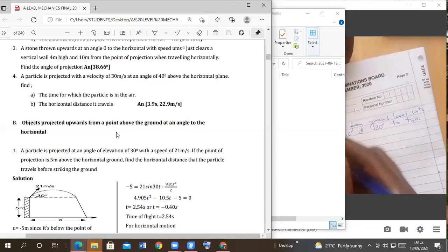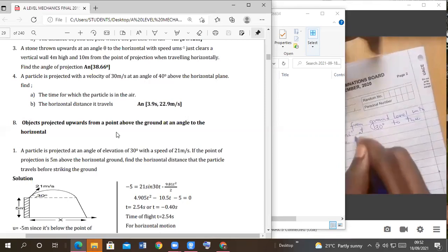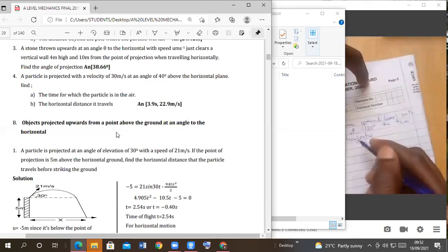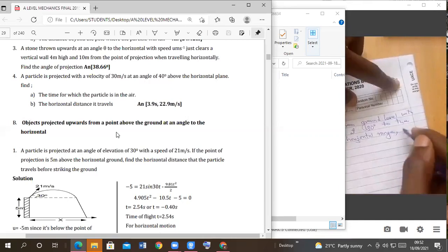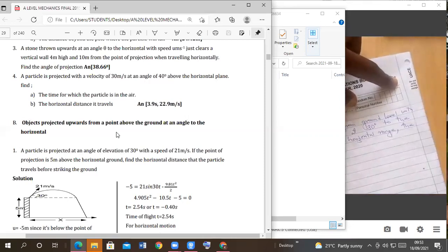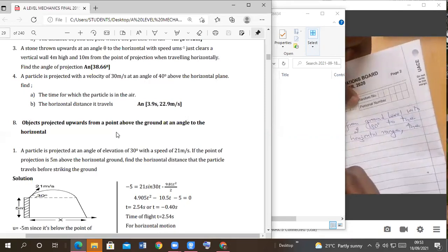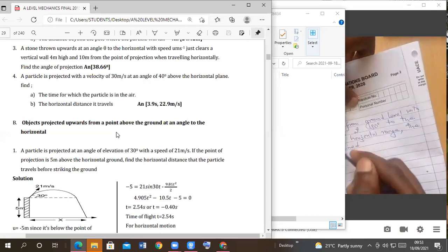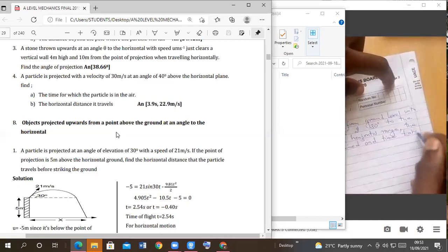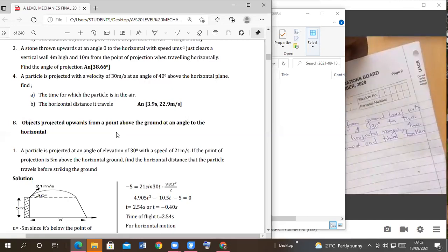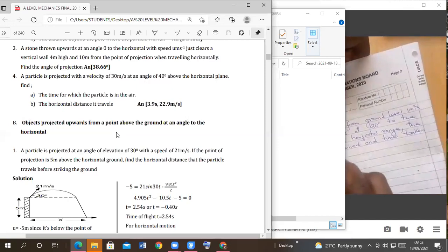Find the horizontal range, the greatest height attained, and the time taken to reach the greatest height.